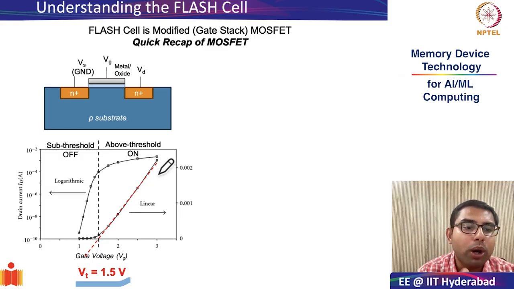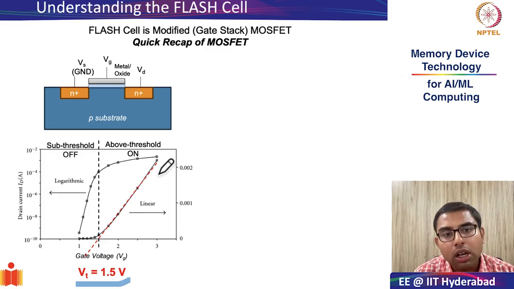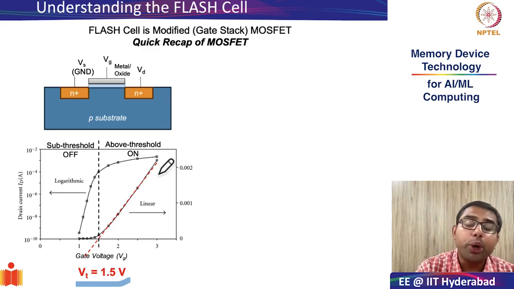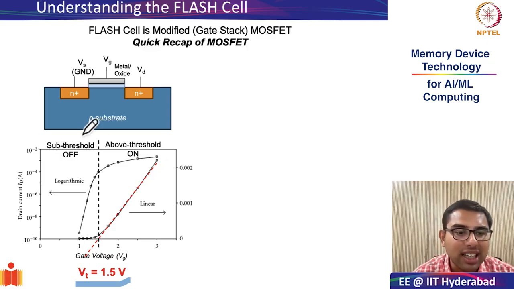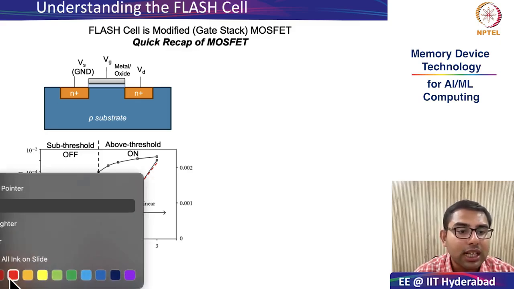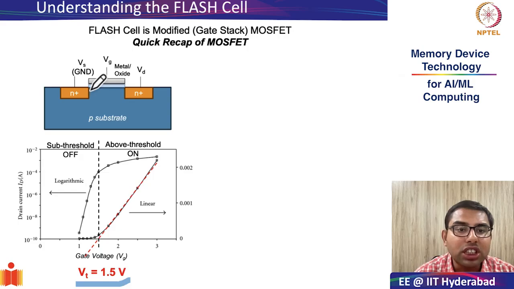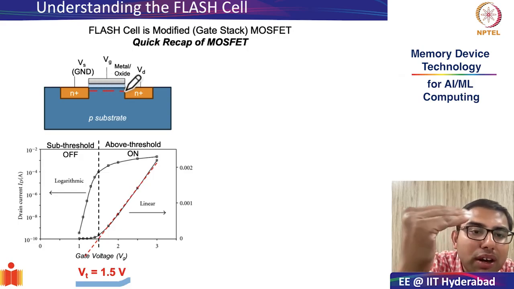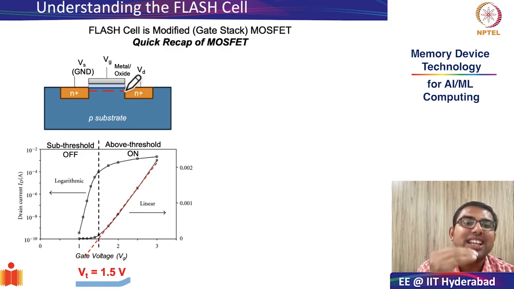Some of the people who are more interested in device physics might have already studied, during the threshold voltage of the transistor, something called the inversion charge. Let me point out where this inversion charge happens. The inversion charge appears at the interface of the oxide and semiconductor.